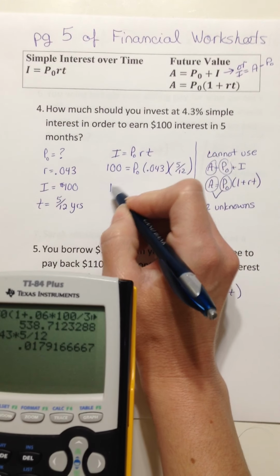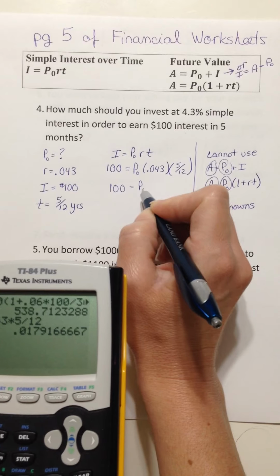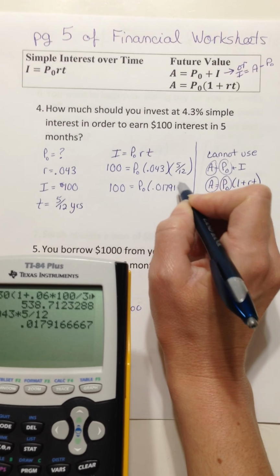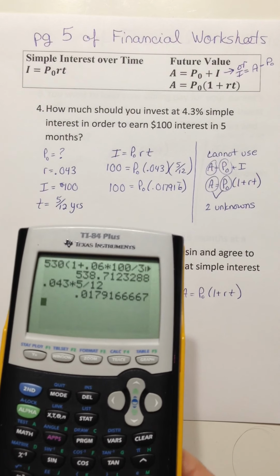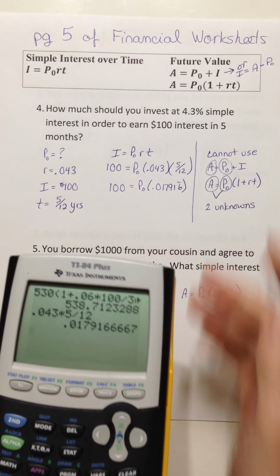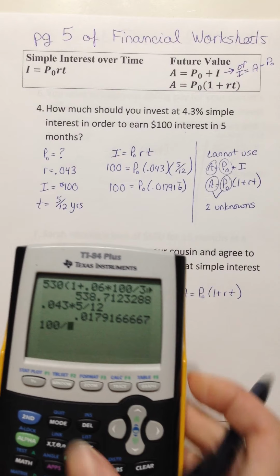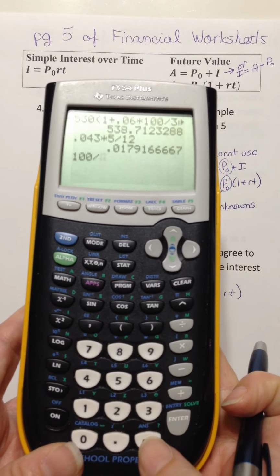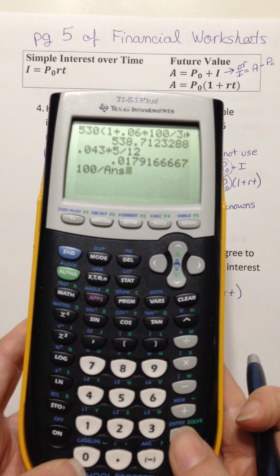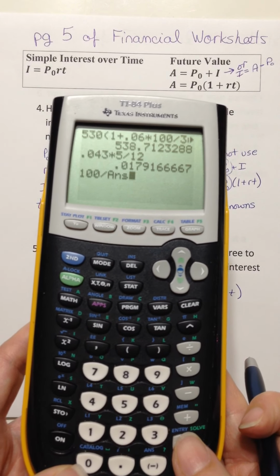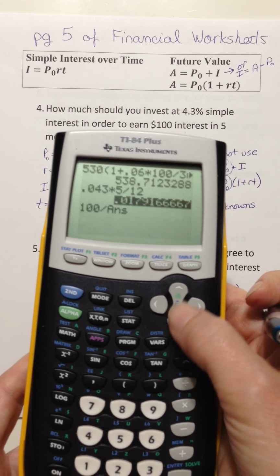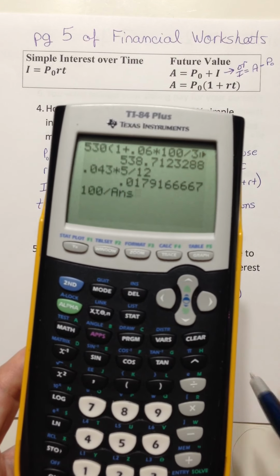On this one, do not round until the very end. So this is 0.017916 repeating. So when I divide by this, I'm going to do 100 divided by, instead of retyping it, I'm going to use second negative, so divided by answer. Sometimes if your calculator will let you go back up and highlight that, you can do that instead of answer.